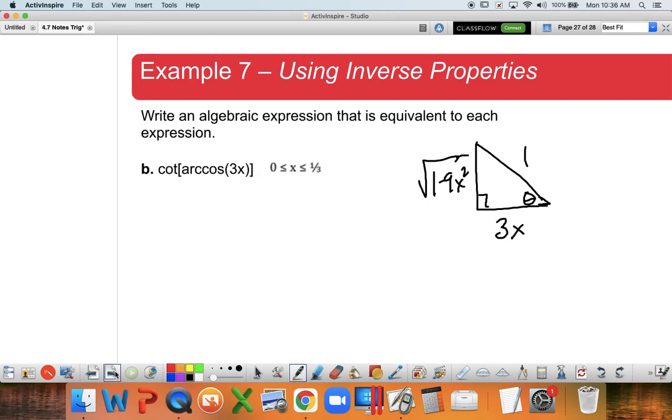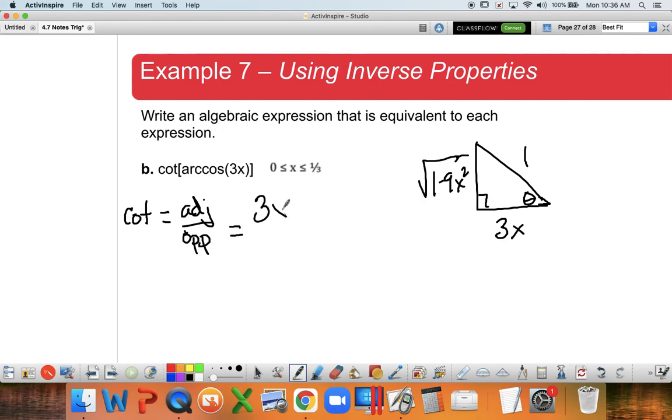So I make sure I drew the triangle in the same orientation. Now I want to figure out what cotangent is. Well, cotangent is adjacent over opposite. I was about to write hypotenuse, but it's opposite. Tangent is opposite over adjacent, so cotangent is adjacent over opposite.